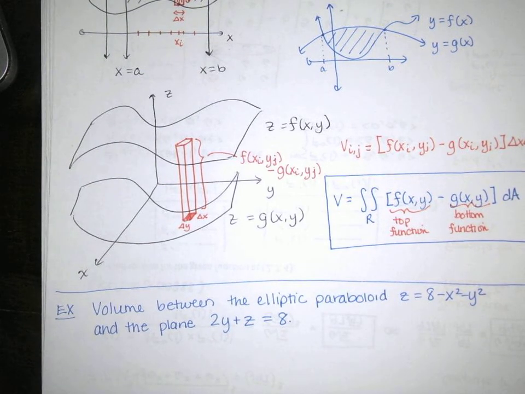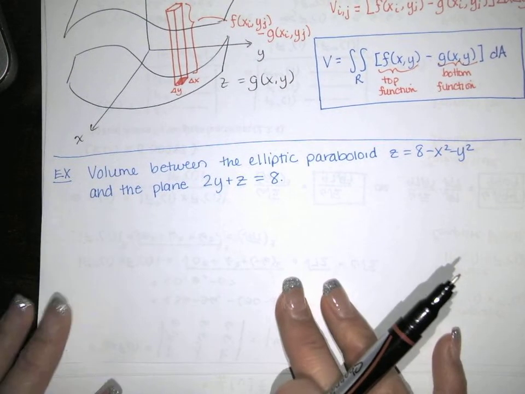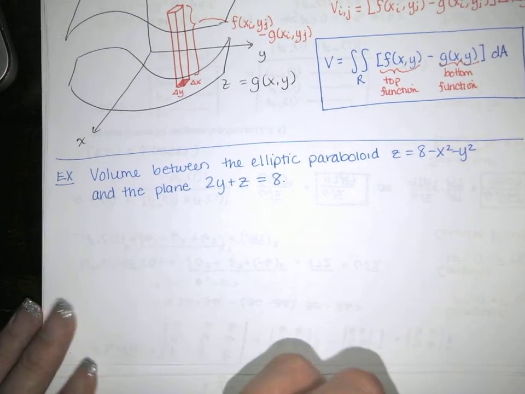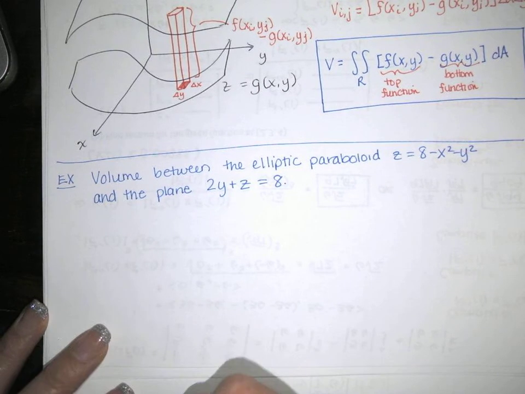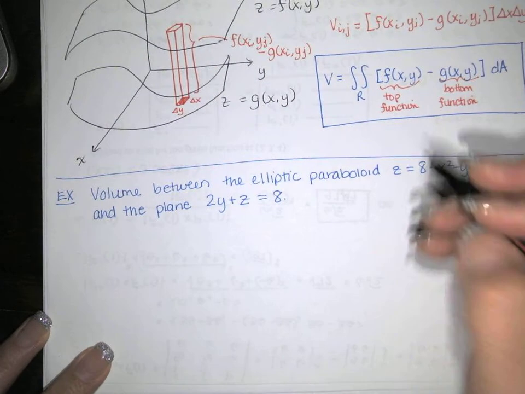Well, the first thing I want to do in any problem where I'm asked to find the volume between two surfaces is I always want to graph the surfaces just to get a better sense of what's going on. Graphing the surfaces will also help me identify the top function and the bottom function here.